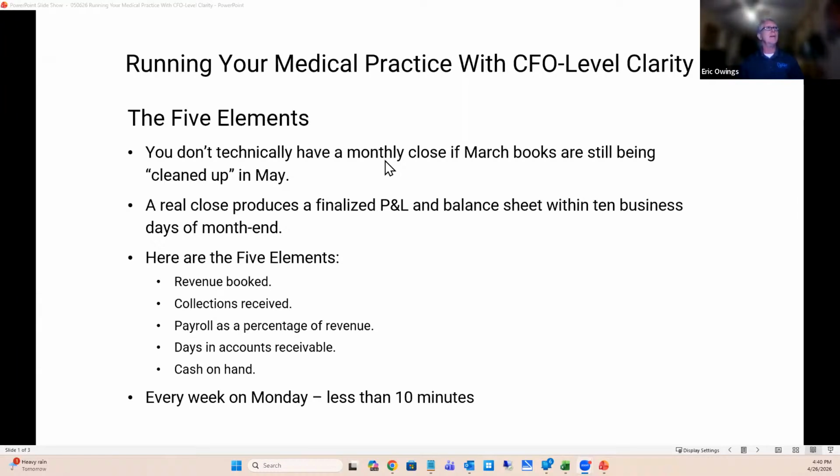So now the five elements are revenue booked, collections received, payroll as a percentage of revenue. Now, you don't have to do that one every single week. If you pay monthly or semi-monthly, by the way, I want to insert a quick comment here.